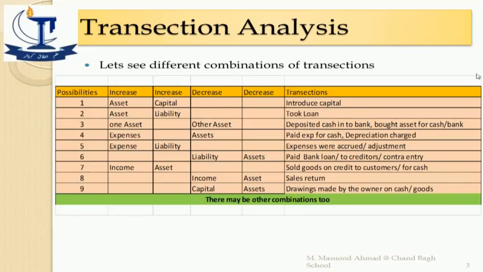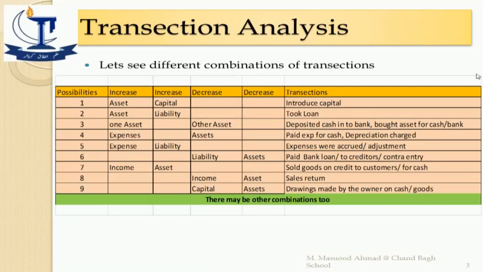So your income will increase in this case. If you receive rent from your tenant, your rental income comes into your business, and on the other aspect you receive cash or a check which will be deposited in your bank account. So bank will increase, and at the same time your income will increase.